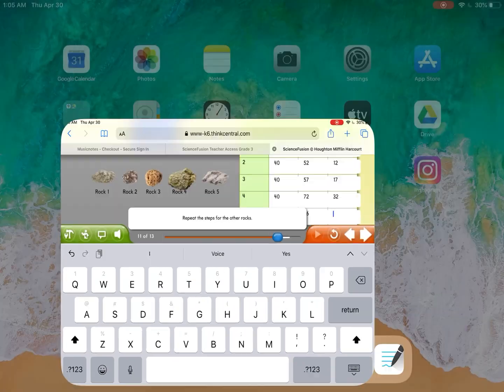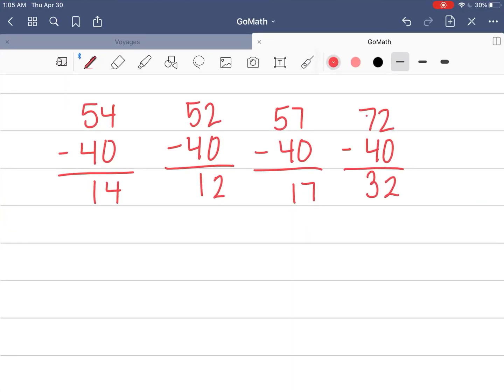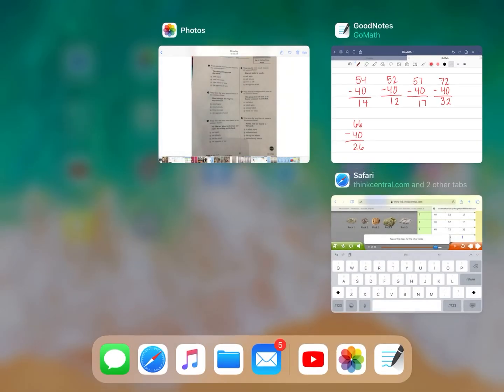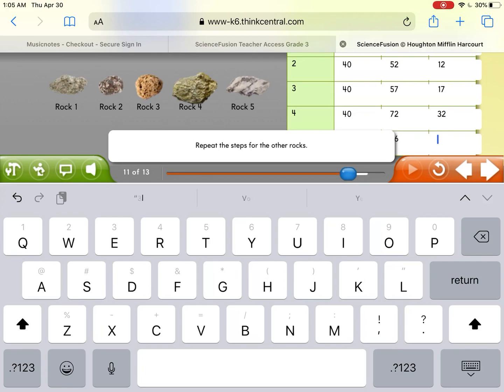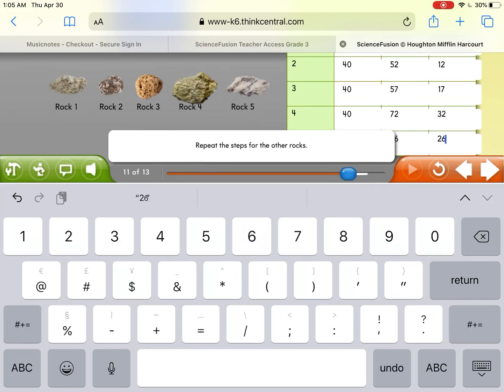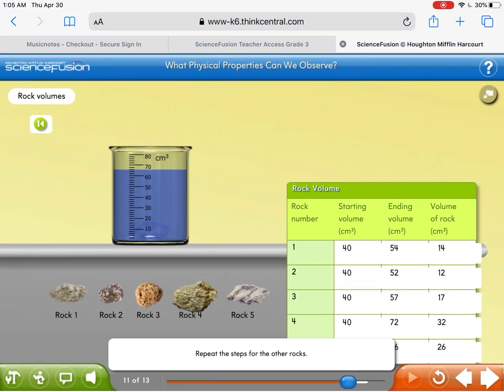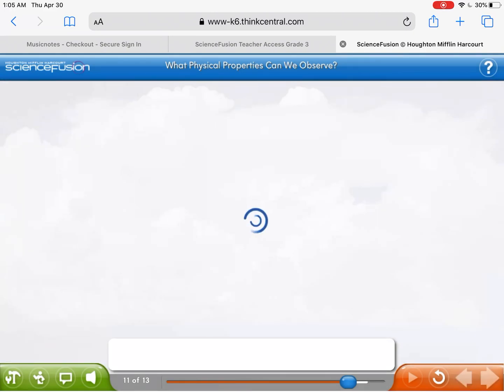So we have 66 cubic centimeters now. Then we need to do 66 minus 40. 6 minus 0 is 6. 6 minus 4 is 2. So we have rock number 5 is at 26 cubic centimeters.